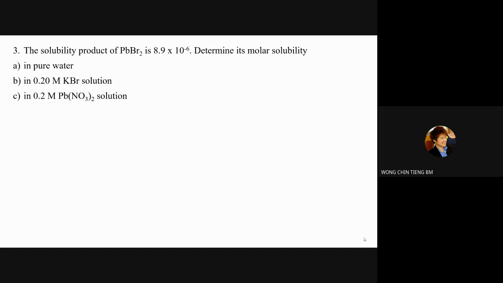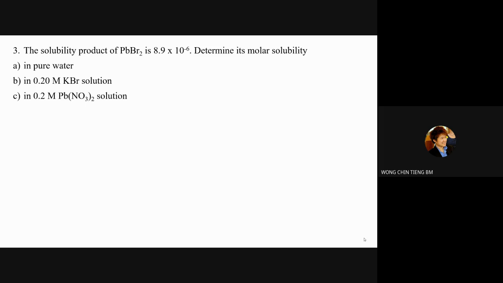So yang dia bagi tu, 8.9 times 10 to the power negative 6 adalah apa? Oi, baca. The solubility. So the solubility product adalah apa?